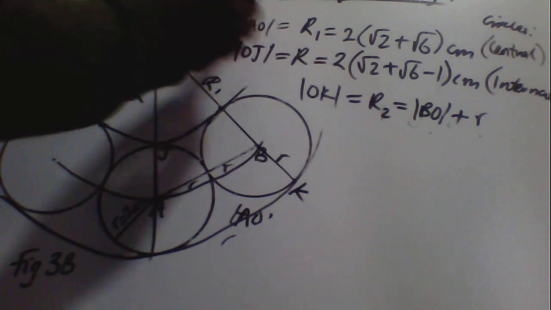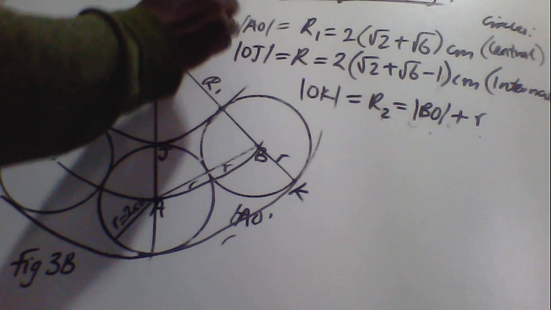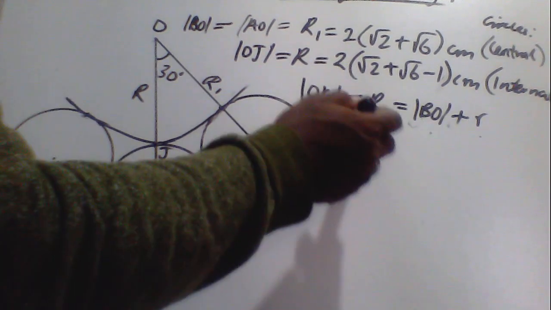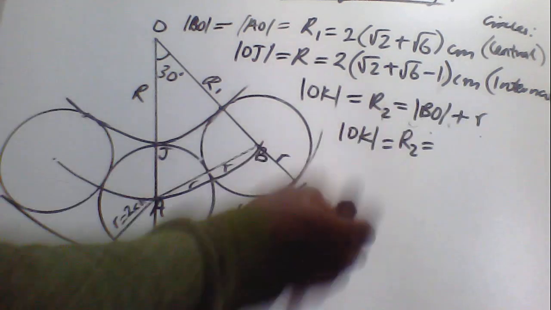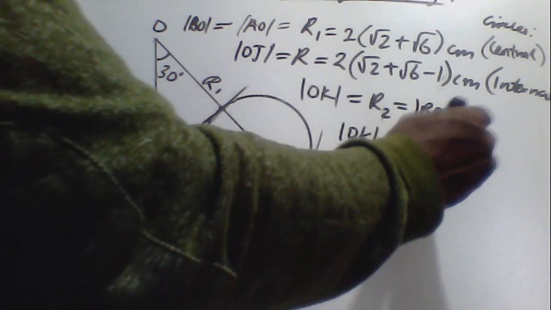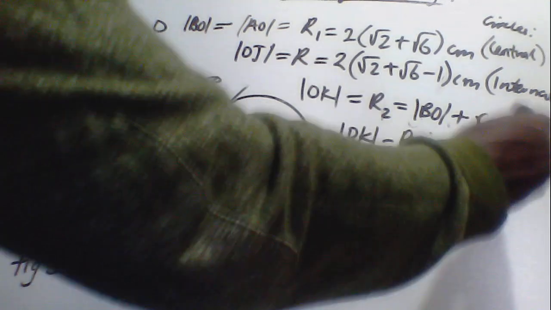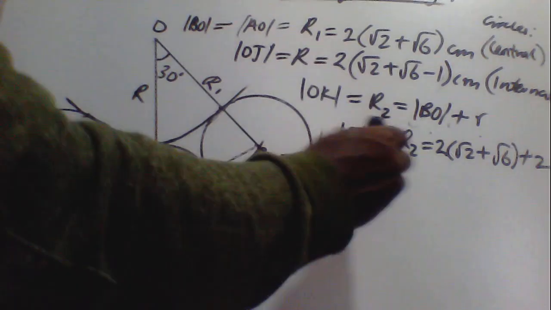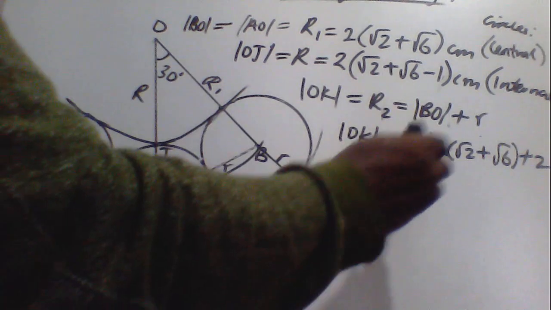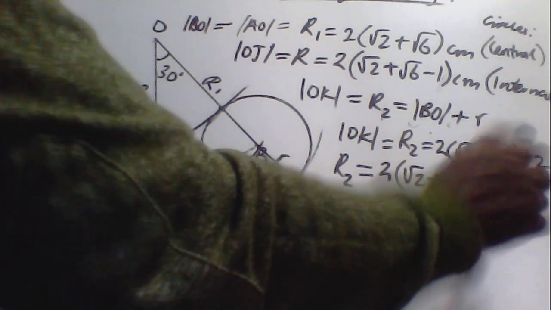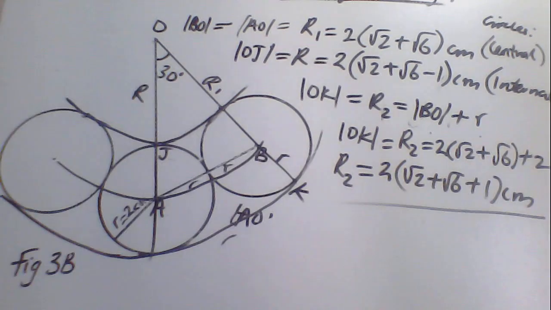Mind you, AO is equal to BO, which is the radius of the central circle. So from here you have OK equal to R2, which is for the external circle, and BO is equal to R1, which gives us 2(√2 + √6) plus r, and r is 2. So R2 you can simplify, and it gives us 2(√2 + √6) + 1 cm, in cm because we are measuring length.